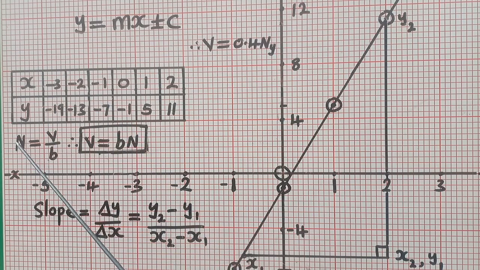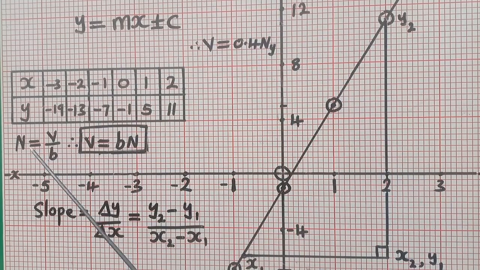Don't forget what each of these variables stands for. The v stands for the value, b stands for the value of 1 unit box, while this v stands for the value of what you want to locate, and then n means the number of unit boxes from origin, which must be counted along the axis to locate this value.